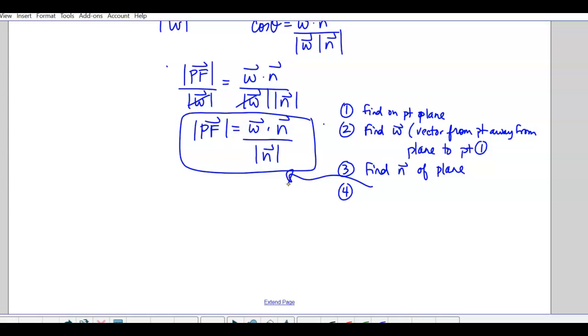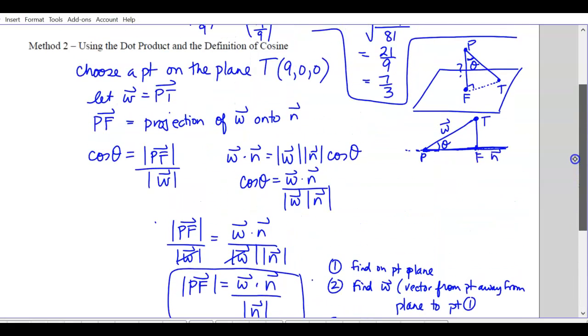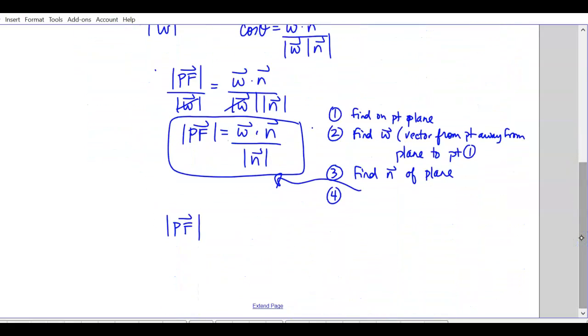Okay, so let's actually do it for this one. The magnitude of PF. So what did we get? Did we find that vector yet? No, so we have our point. So PF, we need vector W. That's going to be our new point minus our original, or vice versa, it doesn't matter.